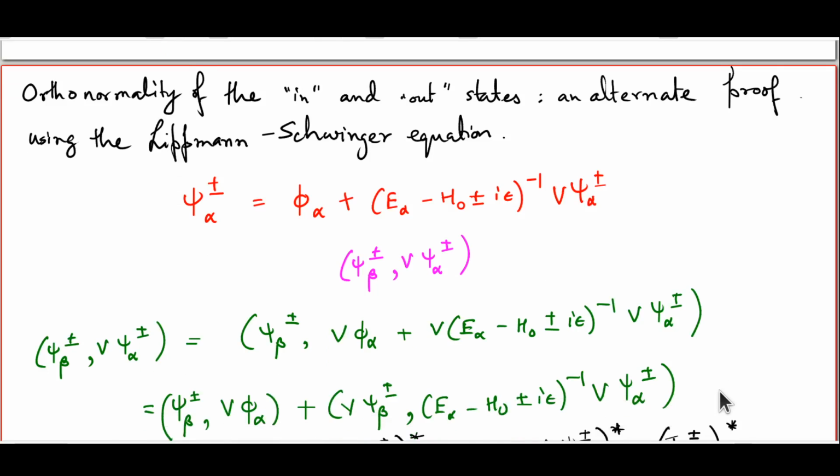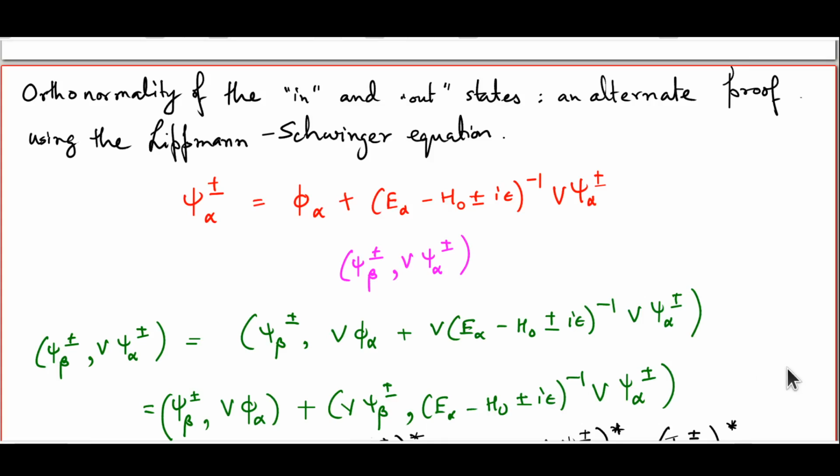So this of course splits into two inner products: psi beta plus minus V phi alpha, and the other one, well, we have just massaged this a bit by bringing this V from the right hand factor to the first factor. And that, of course, uses the fact that V is a Hermitian operator, so V dagger, which is the operator which should really be sitting here, is the same as V.